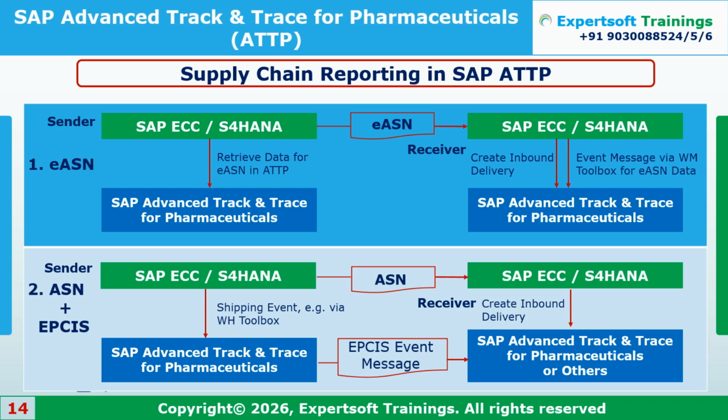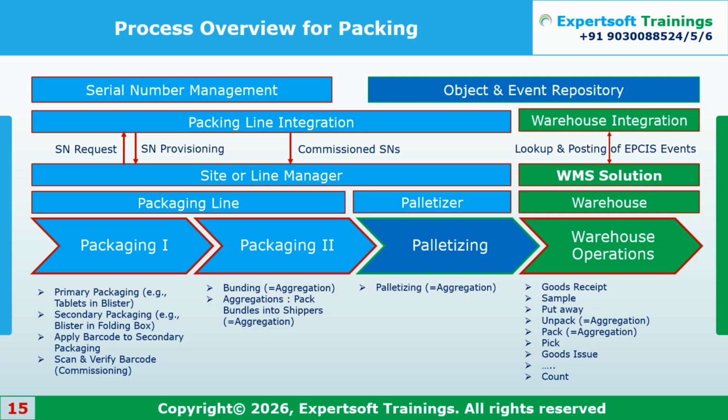This you pretty much know, the serial number management. Once the packaging line sends or requests the serial numbers, the commission data will be sent back as an event through the warehouse toolbox integrator, and then warehouse tools will perform actions like goods receipt, putaway, unpack, pack, pick, goods issue, whatever it is, right?